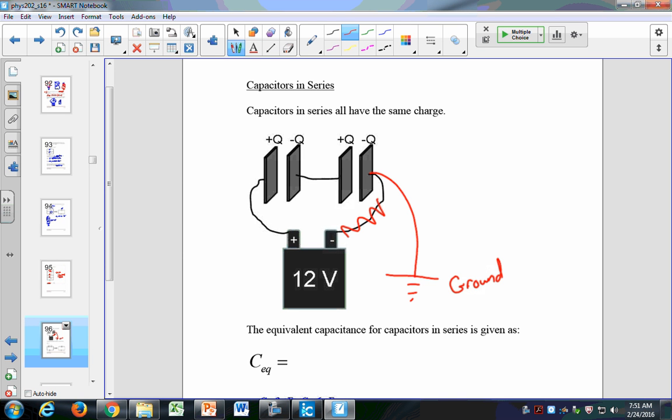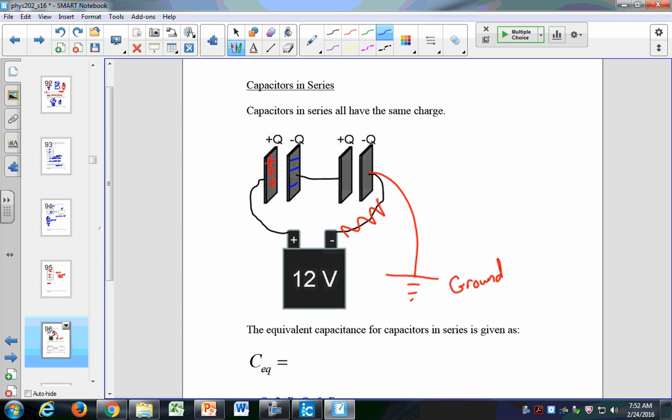And so what would happen here is I would have charges that would go to this plate, and then it would induce charges onto this plate. So I get some positive charges on the first plate. That's going to induce charges on the next plate. And because I've induced charges on this plate in the middle, notice this whole thing in the middle is not touching at all. If I get 3 negative charges over here, I'm going to have 3 positive charges left over here.